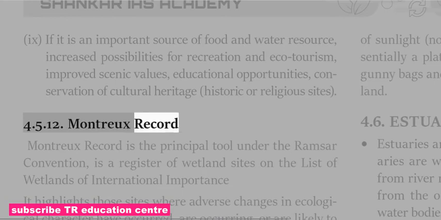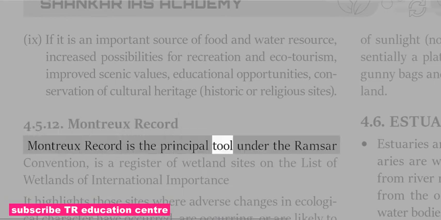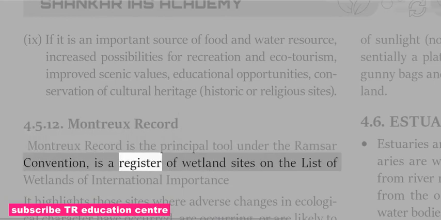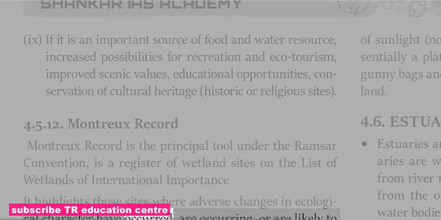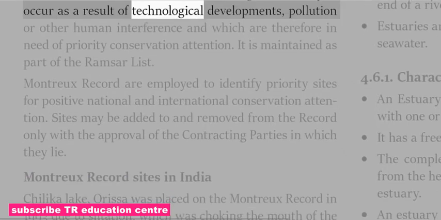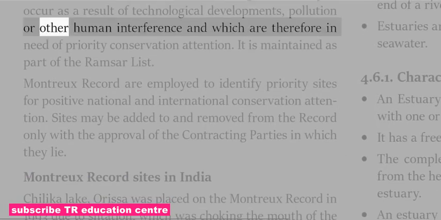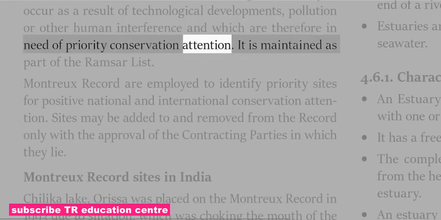4.5.12 Montreux Record. The Montreux Record, the principal tool under the Ramsar Convention, is a register of wetland sites on the list of wetlands of international importance. It highlights those sites where adverse changes in ecological character have occurred, are occurring, or are likely to occur as a result of technological developments, pollution or other human interference, and which are therefore in need of priority conservation attention.